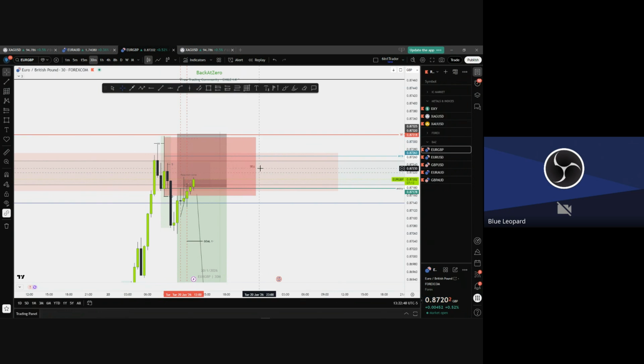Now inside of this M30, I was waiting to have an engulfed bullish candle, and I had an engulfed bullish candle. I mark it as my sell zone. Inside of this, I will go now on M5.